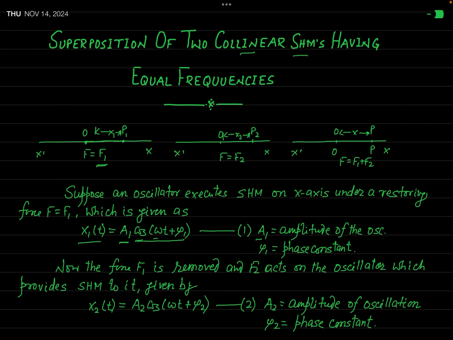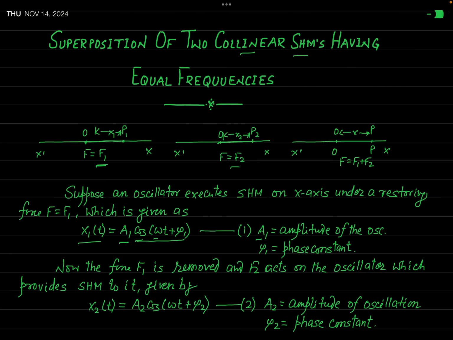Now, let us remove this force F1 acting on this particle and apply another restoring force, let us say F2, on the same particle. Under this restoring force F2, we consider that the particle again executes SHM along the x-axis. And I have shown in this second figure that x2 is the displacement of our particle at any time t from the equilibrium position when it executes SHM under the other restoring force F2.